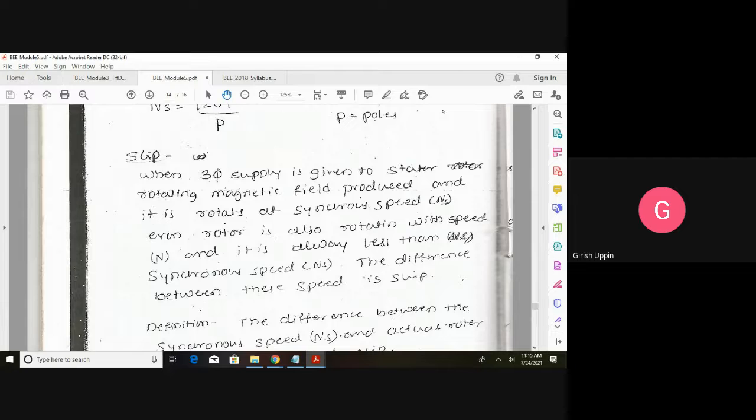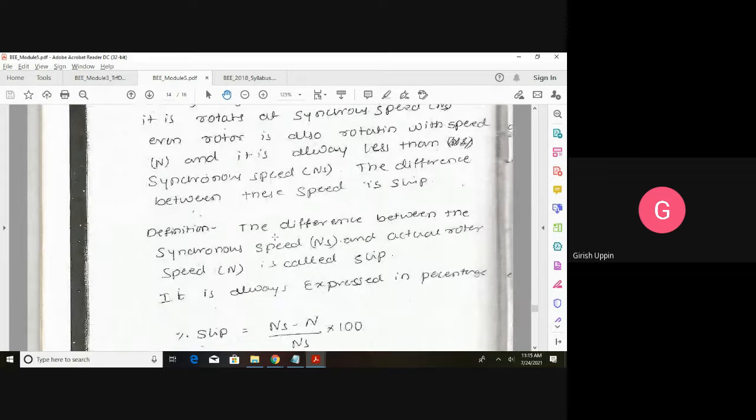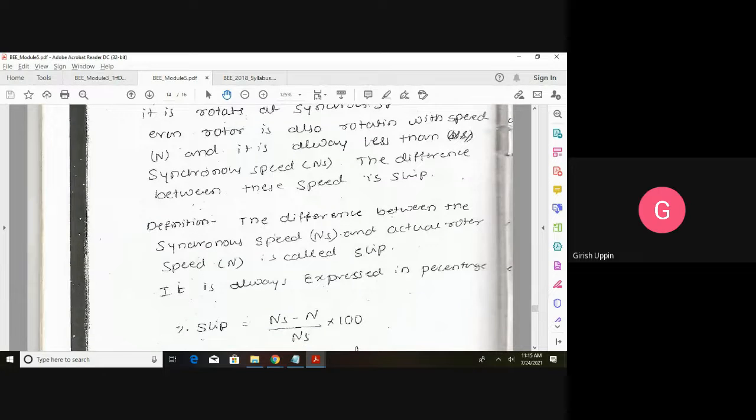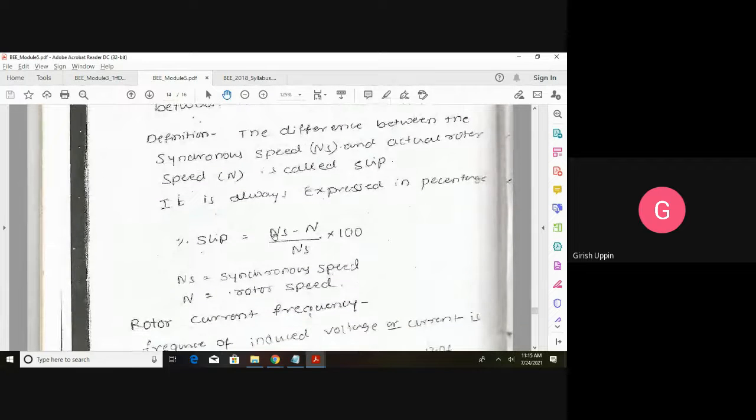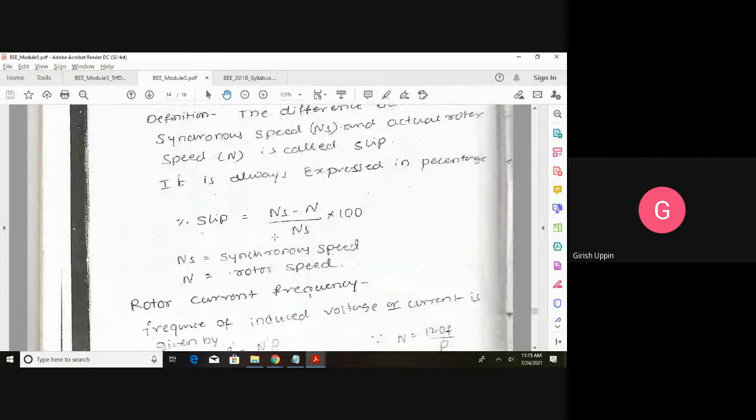Slip is the difference between the synchronous speed Ns and the actual rotor speed N. It is represented either as a fraction or as a percentage. Percentage slip is (Ns minus N) divided by Ns into 100. If it is represented as a fraction, it is (Ns minus N) divided by Ns.